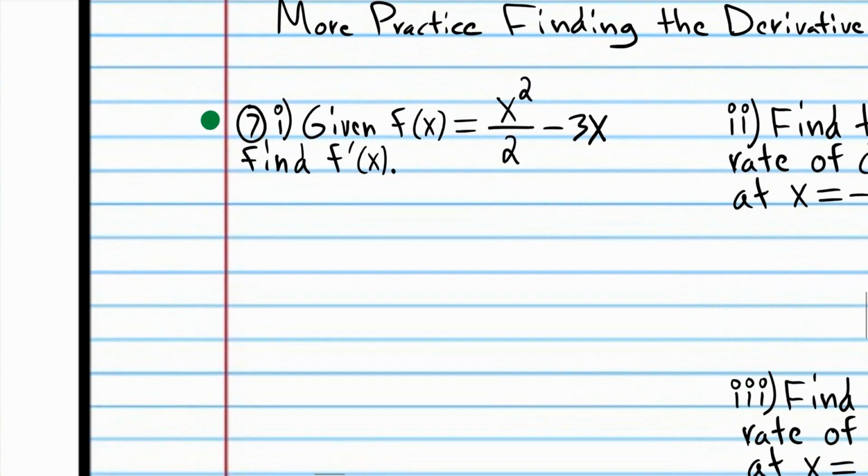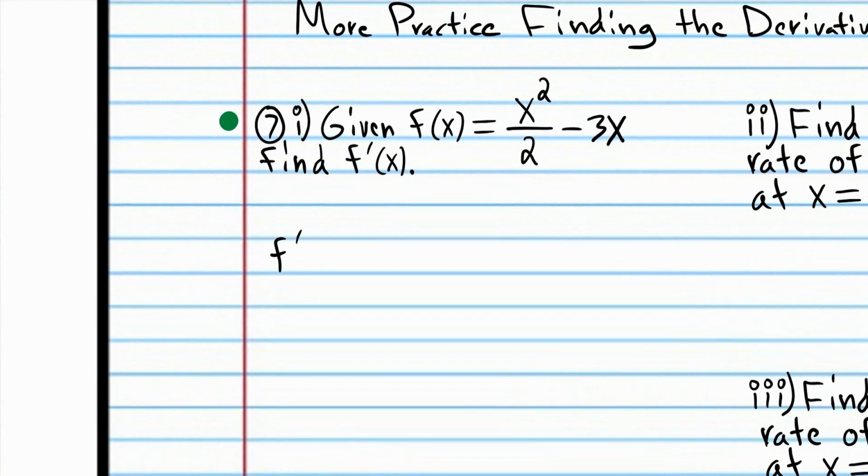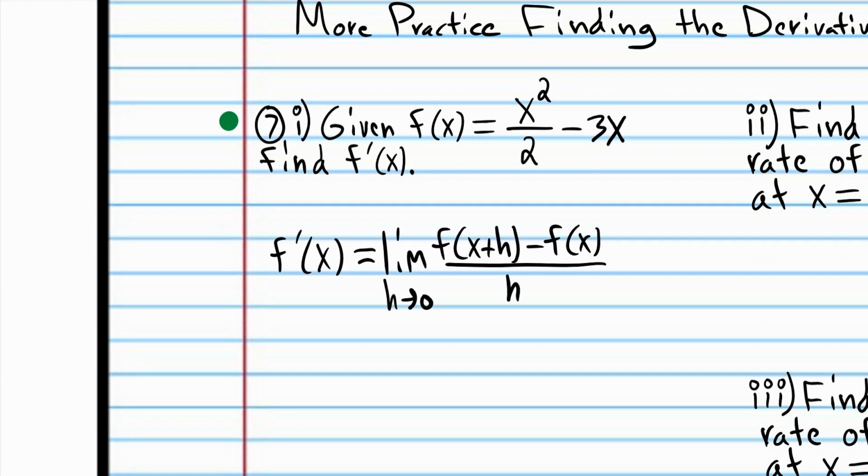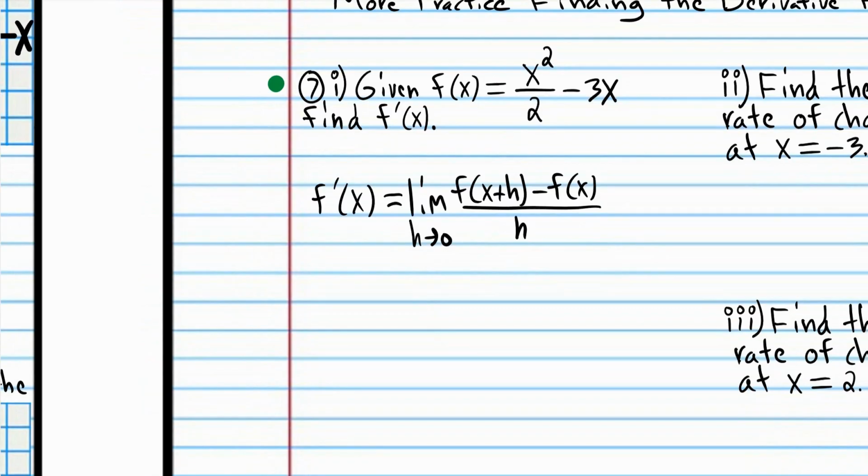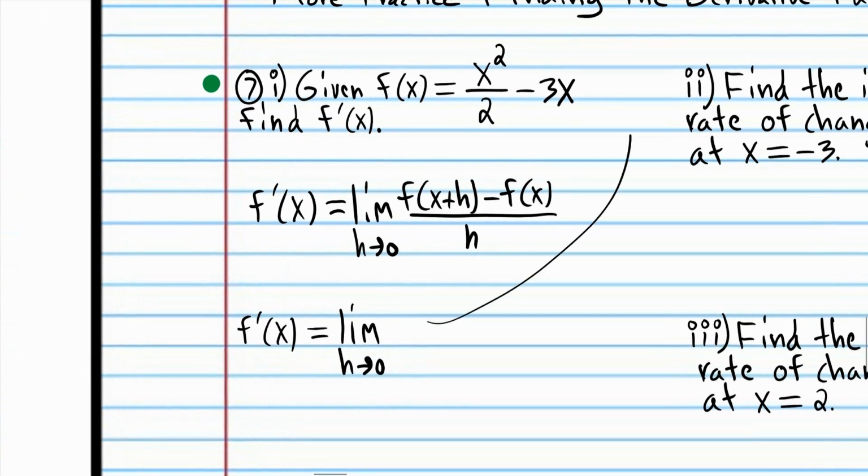Okay, we're back. So let's write the derivative formula. So that's the formula, and now we're going to find the derivative function for this function up here. So remember, the easy part is h.